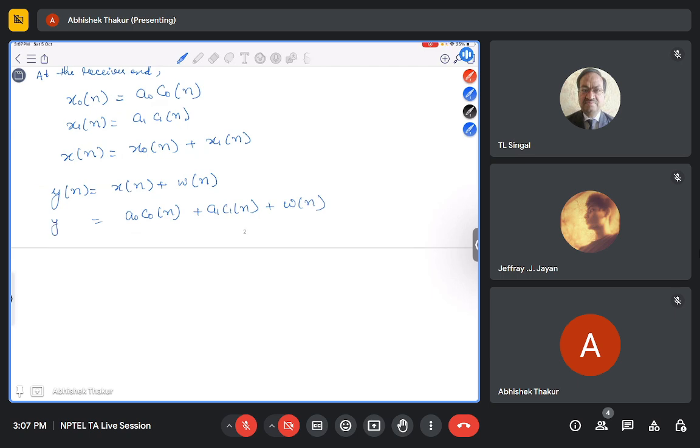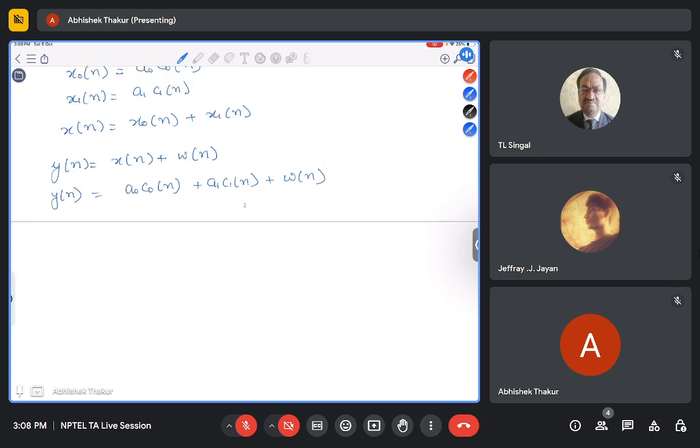So this is our received signal, and this is our AWGN noise. For this AWGN noise, the mean will be 0 and the variance will be sigma_n squared.